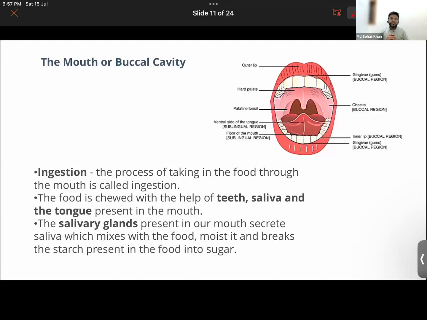For the chemical breakdown, we have the salivary gland in our mouth, which secretes saliva. That saliva breaks down the complex carbohydrates present in the food into simpler forms.